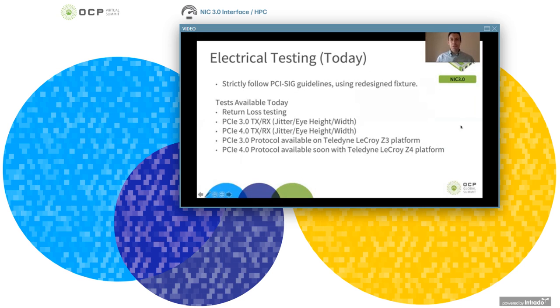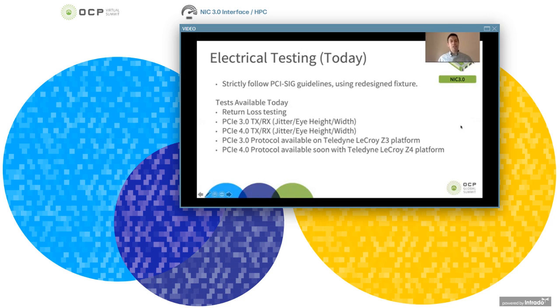Now, what exactly are we doing for this electrical testing at UNH-IOL? Again, we're following the PCI SIG procedures, just using a different form factor test fixture. So that includes return loss testing, jitter and eye diagram tests for both PCIe 3.0 and 4.0, protocol testing for PCIe 3.0 protocol using the Teledyne LeCroy system, and we'll also be using the LeCroy Z4 platform for the 4.0 protocol testing.